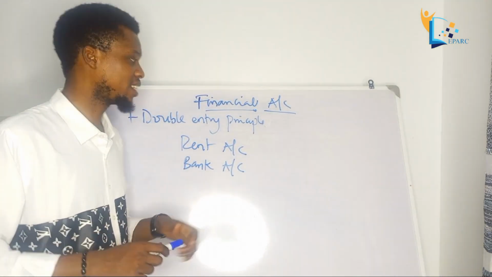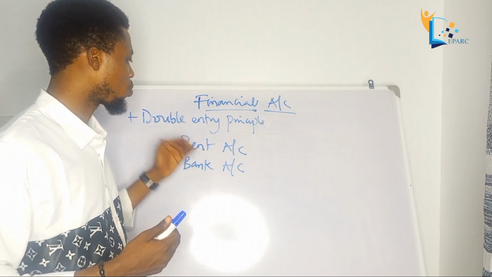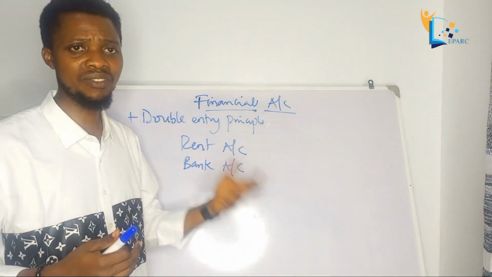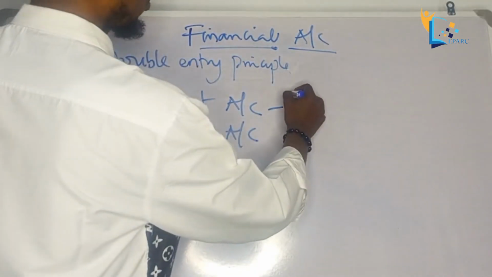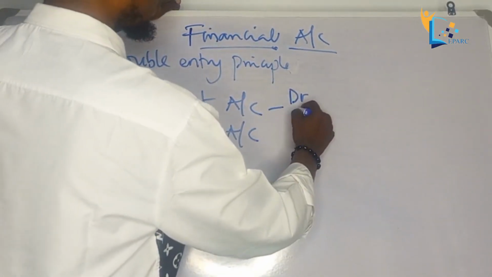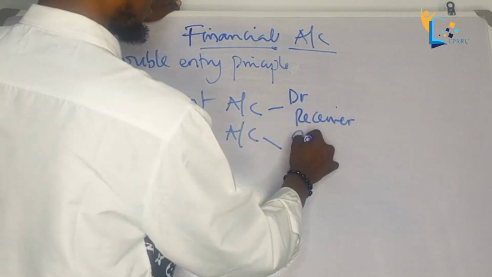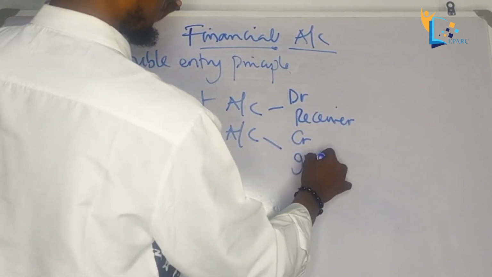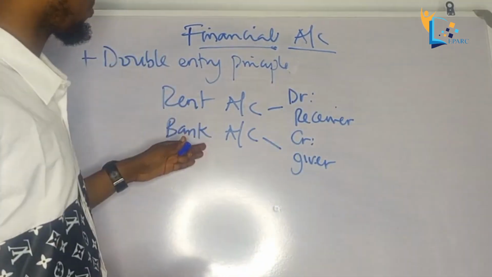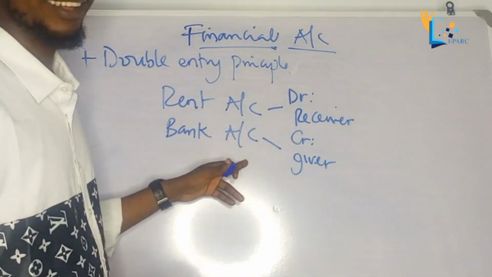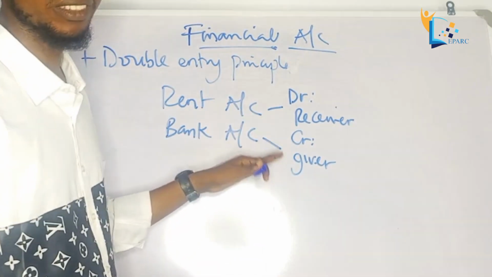Having identified this, you ask yourself which account is giving out and which one is receiving. You debit the receiver and credit the giver. Rent is receiving, and the bank account is giving.